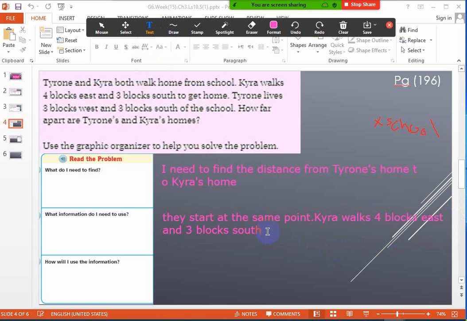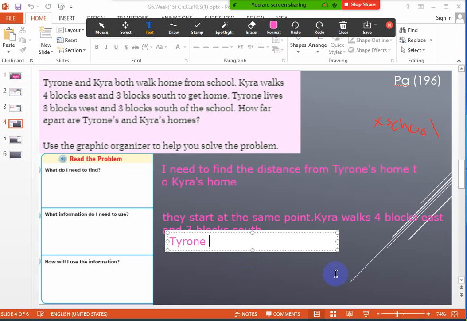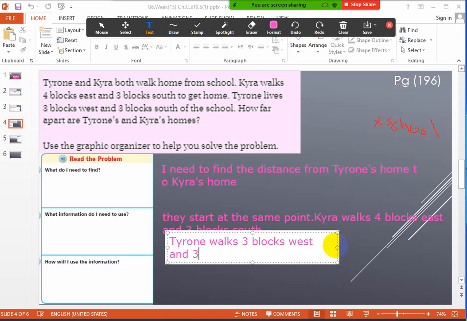Then Tyron walks 3 blocks west and 3 blocks south.